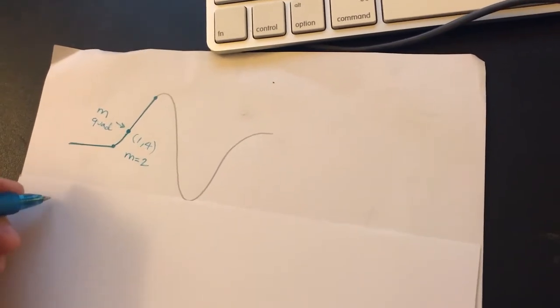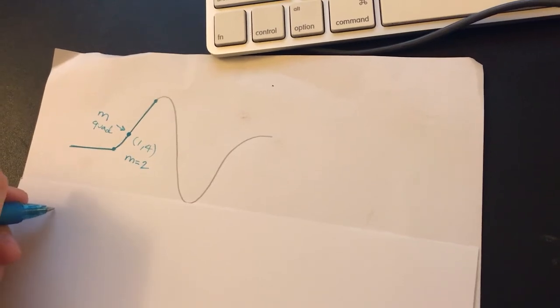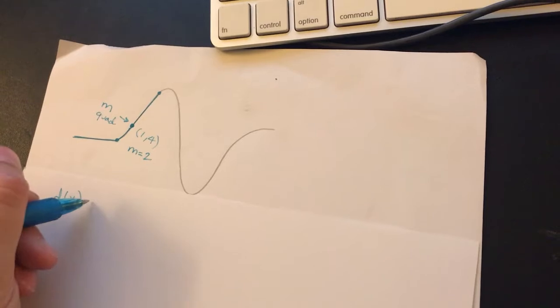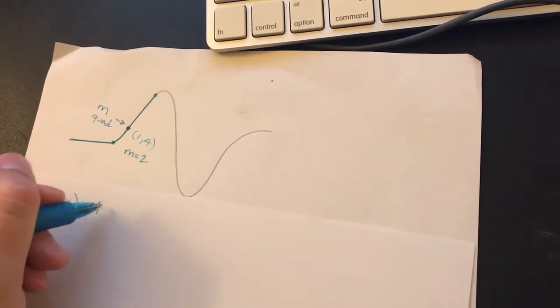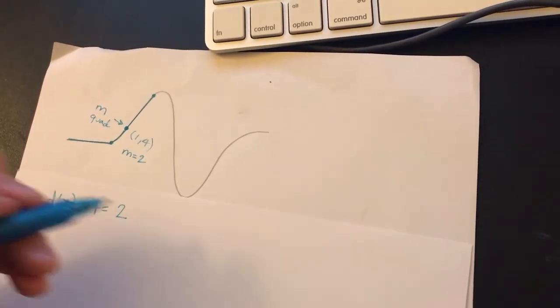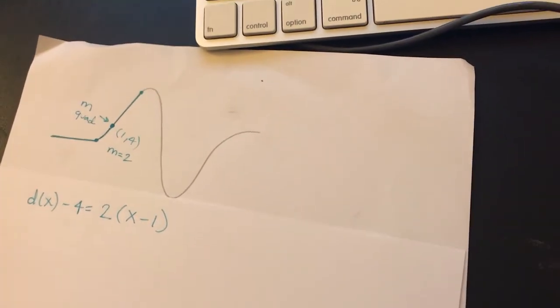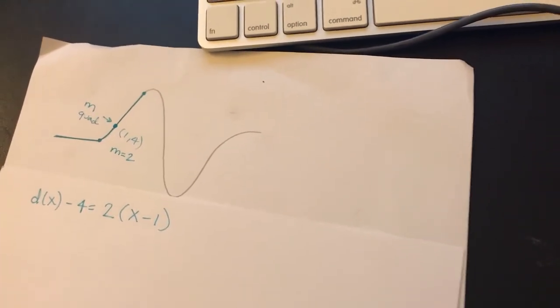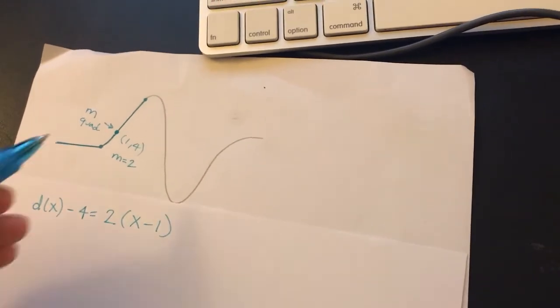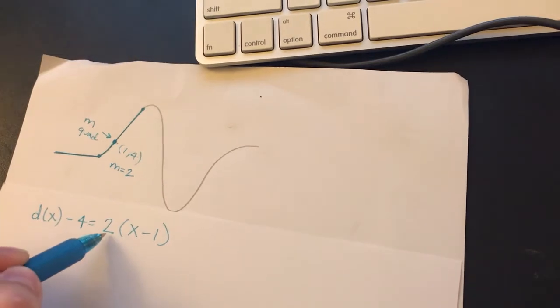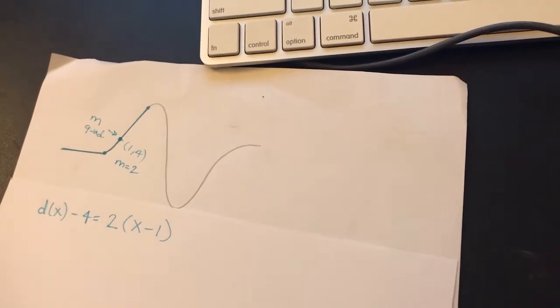So if we said, we're calling this function d of x, so we can say that's like our y value. So y minus y1, which is 4, equals m, which is 2, times x minus x1, which is 1 in this case. So if we enter that in, it should be the same line, but we don't have to guess this time about what it should be. We know it needs to go through the point (1, 4) in order to make it continuous, and we know it has to have a slope of 2 in order to make it differentiable.